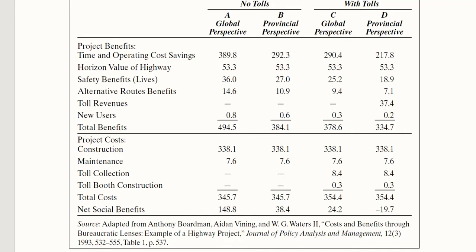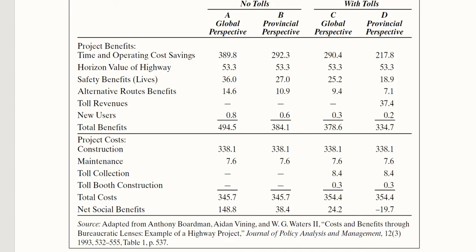When we talk about the project cost, the construction cost of the highway will remain the same. The construction cost of the toll booth will be there as the same in these two perspectives, that is with tolls. No matter it is global perspective or provincial, tolls will be the same.